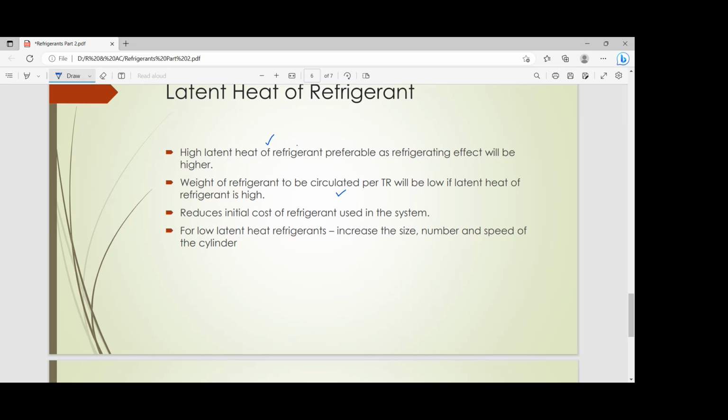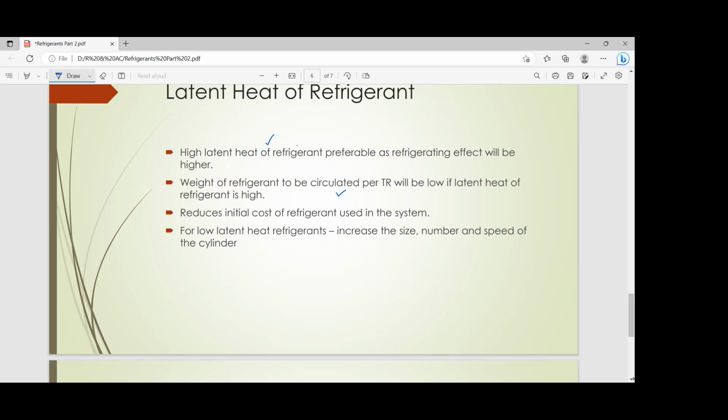If the latent heat of refrigerant is high, I will be able to extract more heat. So when I extract more heat, it is possible for me to send only a lesser amount of refrigerant into the system, and that lesser amount of refrigerant itself is capable of removing a large amount of heat from the evaporator space.